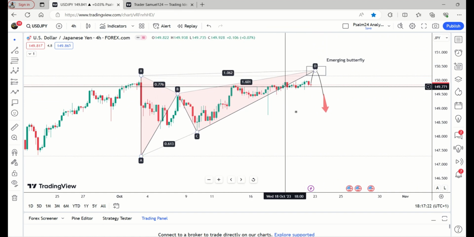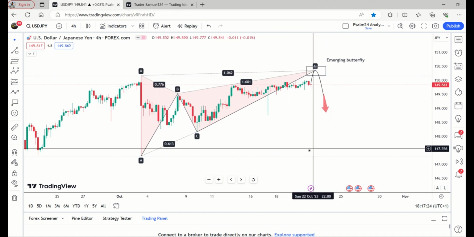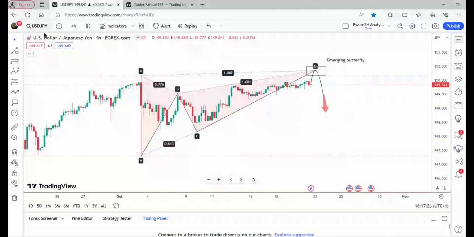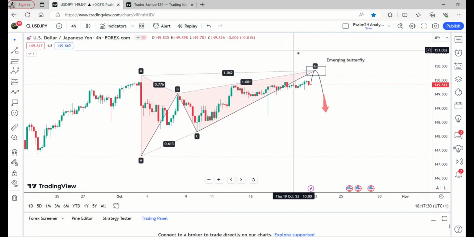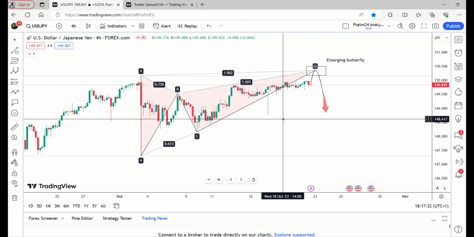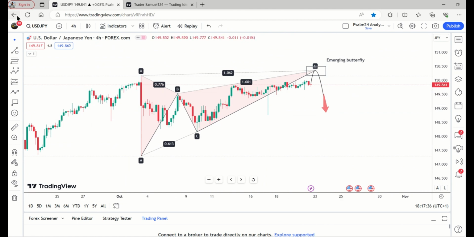But overall the general outlook is bearish. So our bearish outlook using Elliott wave theory is further confirmed by our harmonic pattern identification on USDJPY.